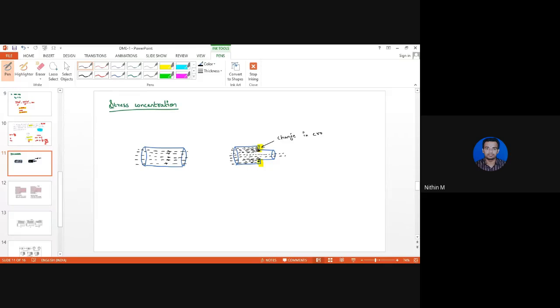There is an abrupt change in the cross-sectional area of the body. Let me try to redraw it with better visibility. So this is the pipe. Whenever there is an abrupt change in cross section, what will happen?